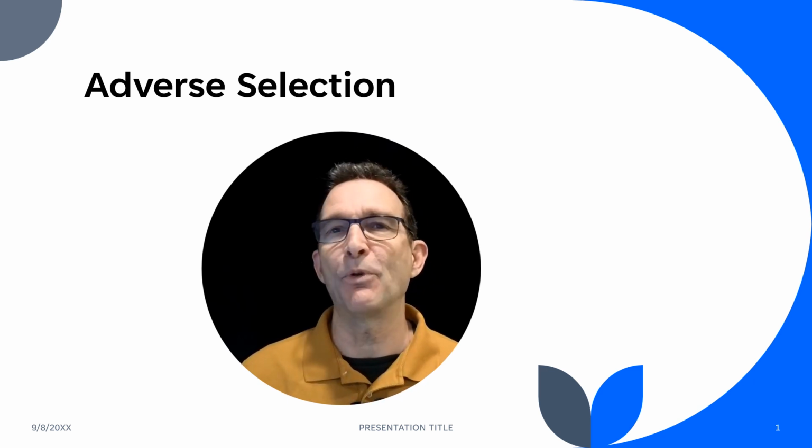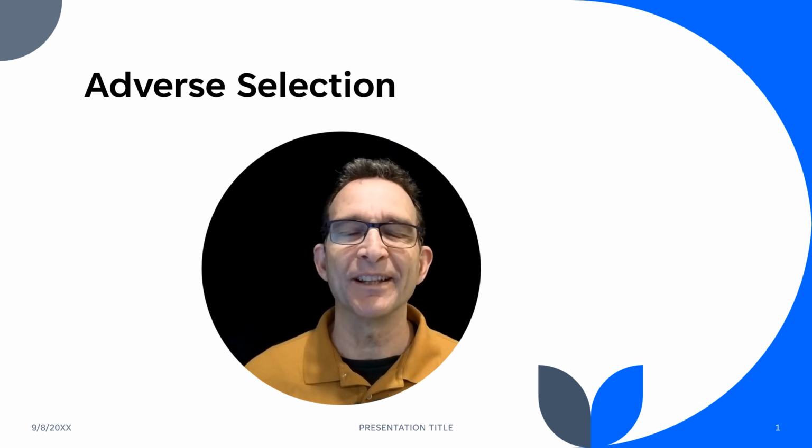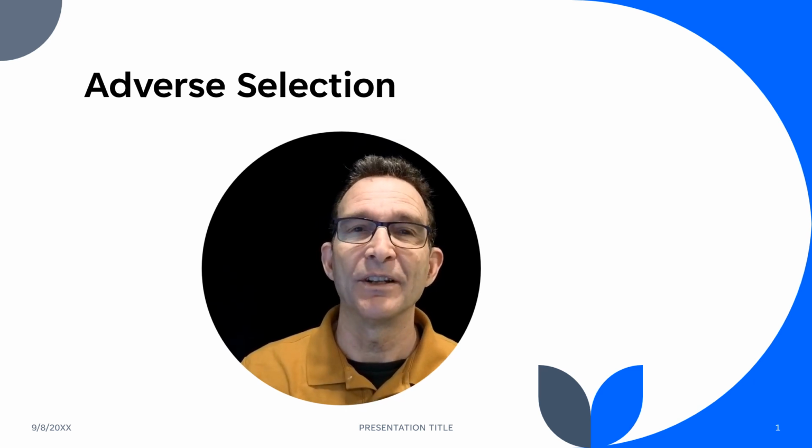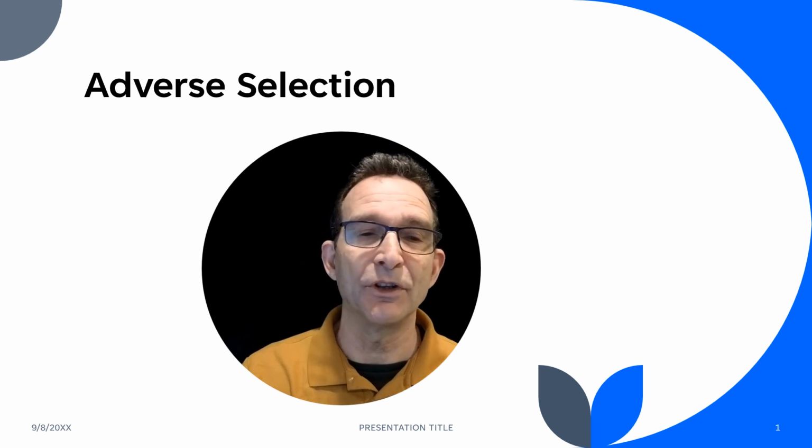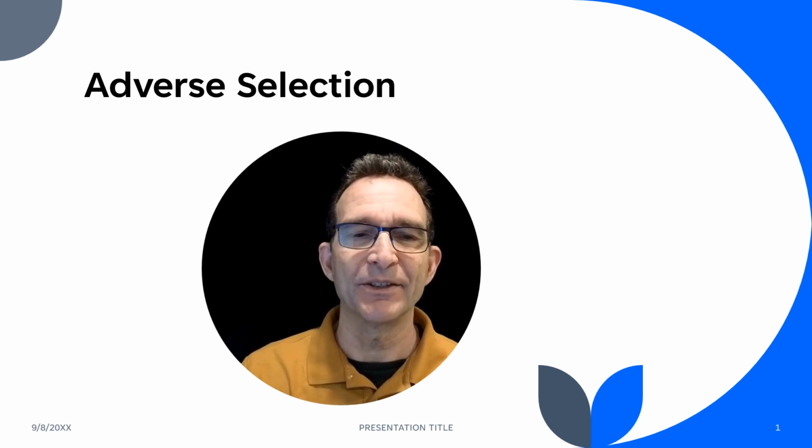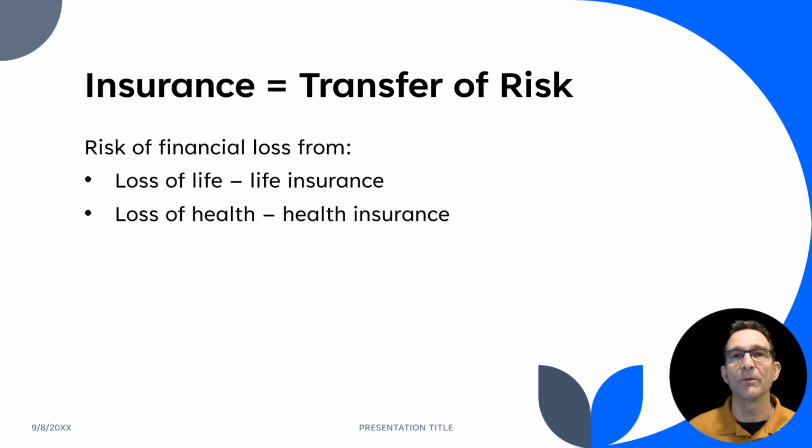It is very important for you to understand adverse selection as an insurance agent, and to understand what you need to know to pass your exam. So let's dive in. You guys remember, from your studying so far, that insurance is what we call a transfer of risk, right? We're paying an insurance company to take on some of the risks so they cover it instead of us. Mainly what you're covering is the risk of financial loss, and that could be the loss of life.